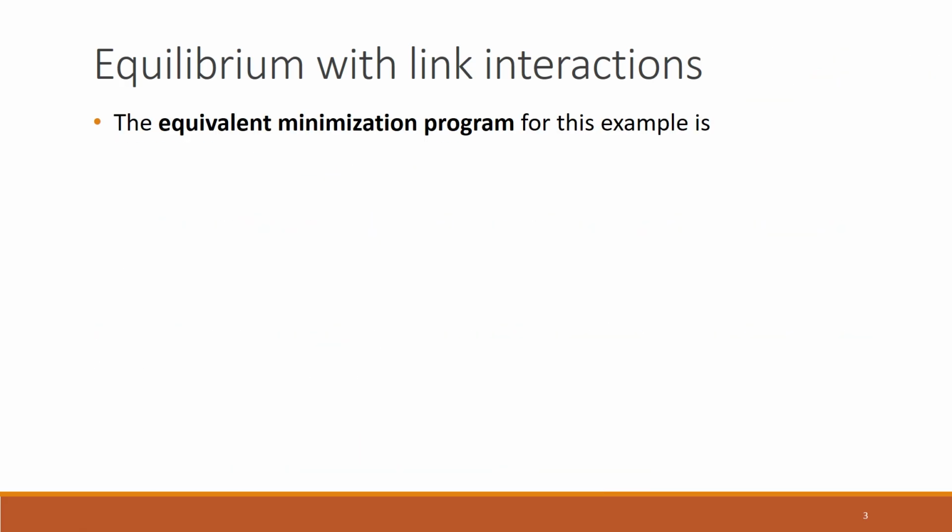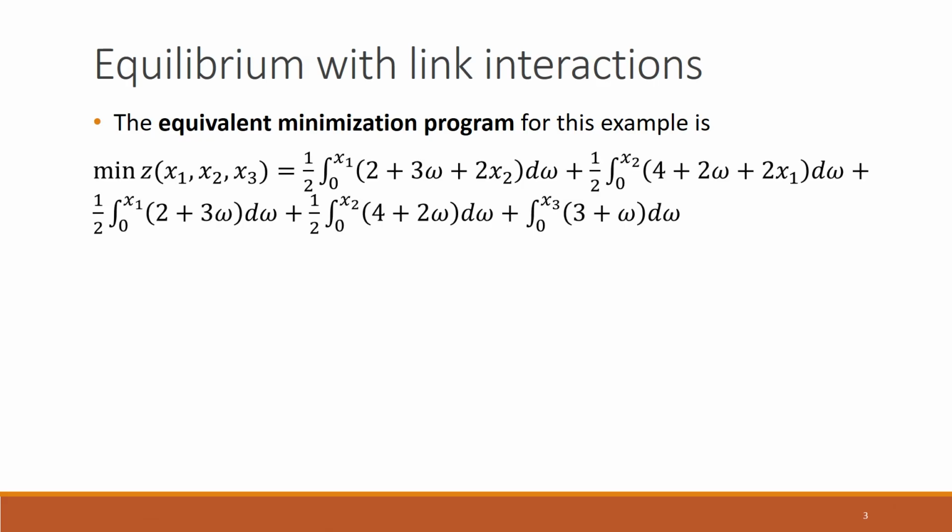Now let us write down the optimization formulation for this example. If you remember, there were two terms corresponding to the links in the objective function. The first term was such that we keep the flow on the other link, which has interaction, constant.